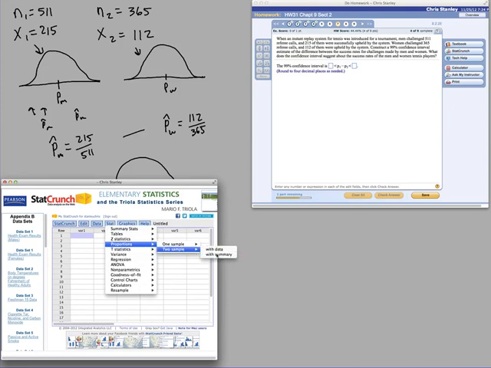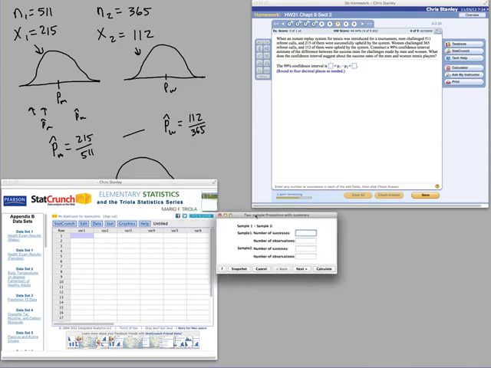So we're on proportions. We have 2 sample, we have summary. We want to enter our data here, which should be 215 and 511, and number of successes would be 112 and 365.